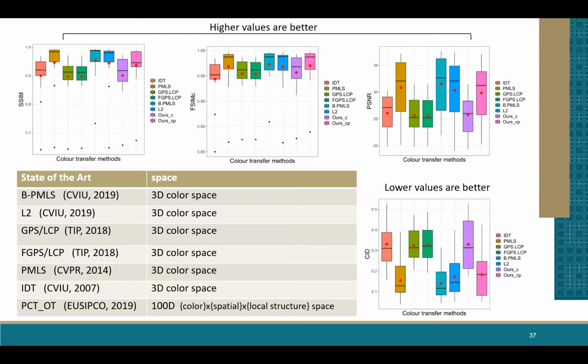And when we compare our algorithm with the other state of the art, our method is competitive with the top three methods, BMLS, L2, and BMLS, and they greatly overlap with each other. The median is shown here as horizontal black lines, and the mean as a red dot.